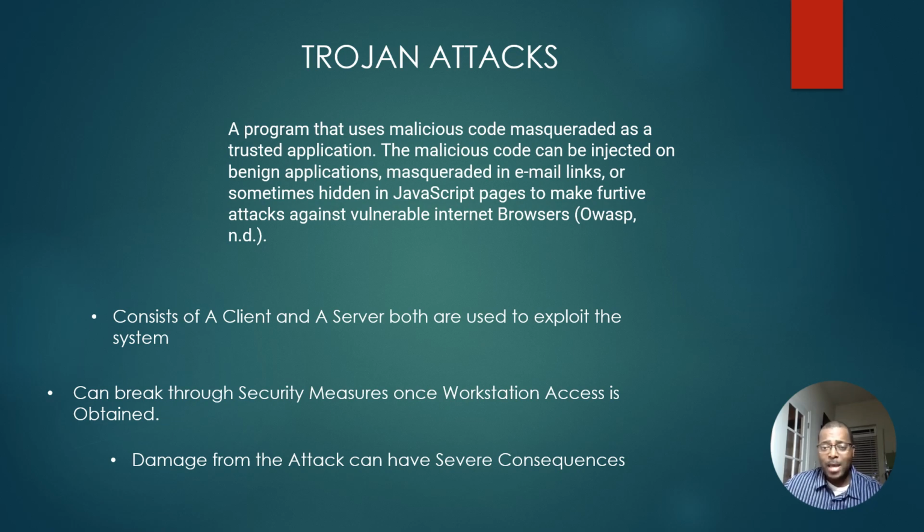Because of the type of attack that it is, it's easy to break through security measures and gain access. The damage from this type of attack can be severe and damaging.